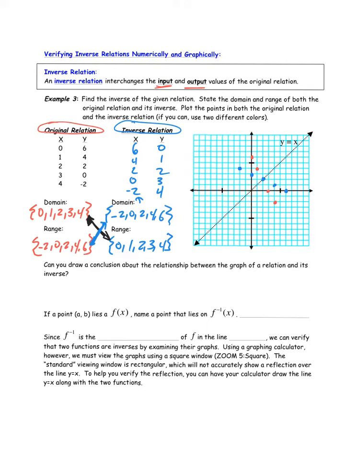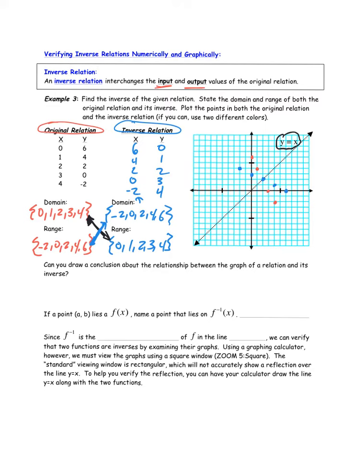Now let's go over here and look at the graph. What do we notice about the graph of the original, which was the points in red, and the graph of the inverse relation, which is the points in blue? You'll notice that I have this line y equals x drawn on here. This has something to do with the conclusion that we can make.